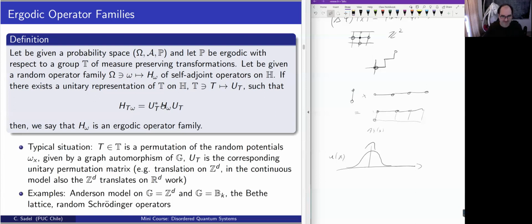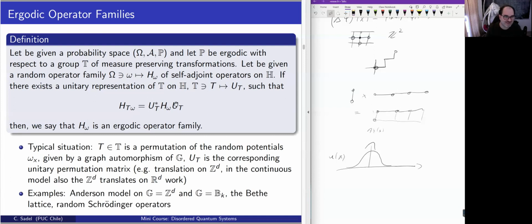So how does this work in these examples? This looks maybe a bit abstract, but the typical situation is the following. We have i.i.d. random variables, and the measure preserving transformations are permutations of these.